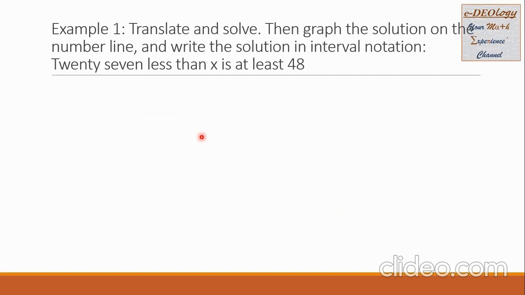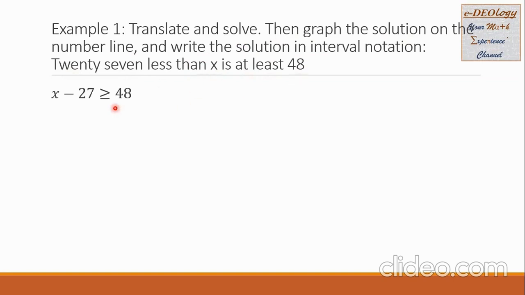Let's start with example 1. Translate and solve, then graph the solution on the number line and write the solution in interval notation. The phrase is 27 less than x is at least 48.